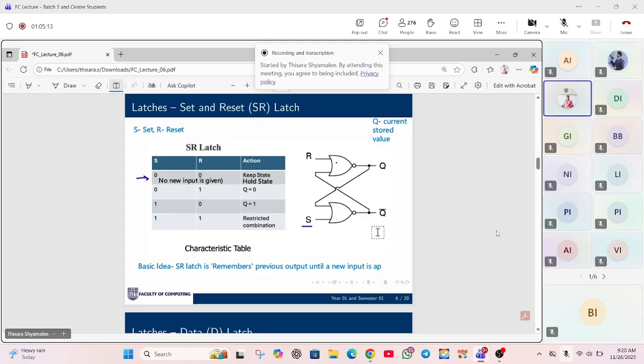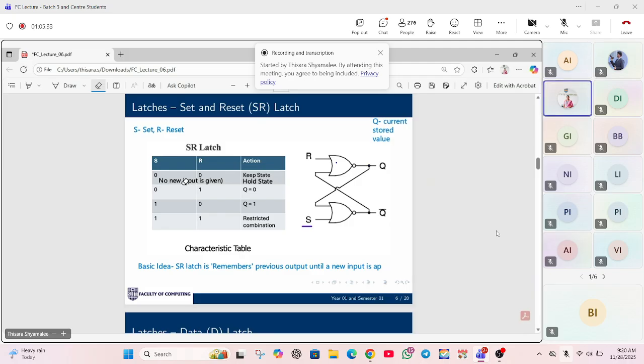Then the second one, S equals 0, R equals 1. This state we call the reset state.